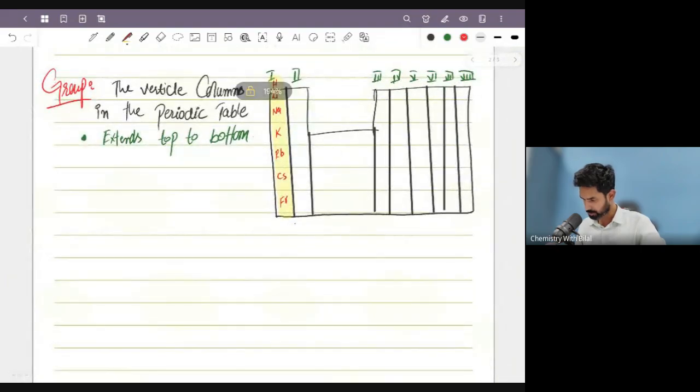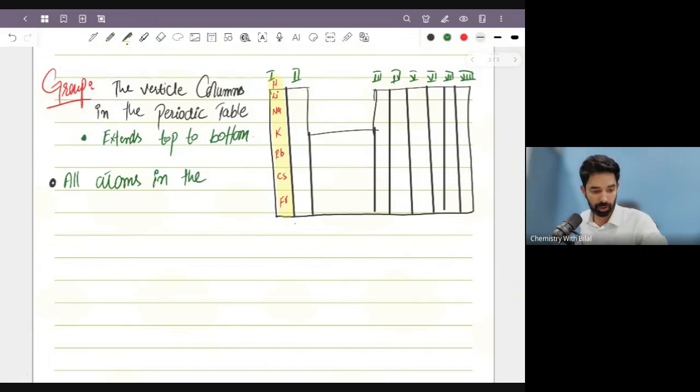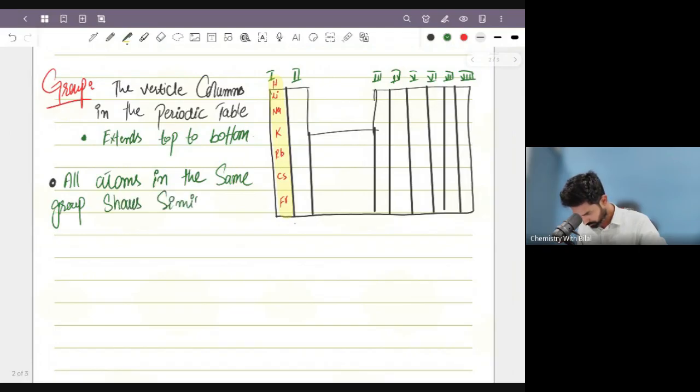And all the atoms in the same group have similar chemical properties. For example, all group 1 elements show similar chemical properties.